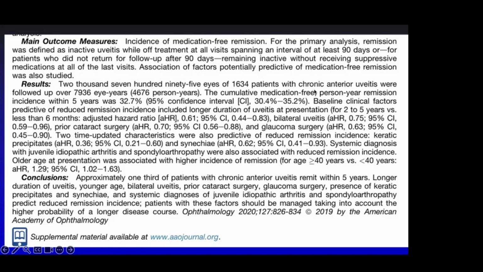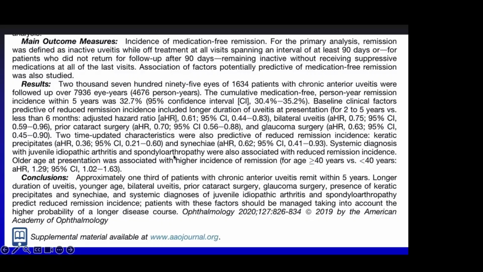And predictive factors, they were all kind of risk factors pretty much, were having bilateral uveitis, having a longer duration of uveitis, having prior cataract surgery and glaucoma surgery, which might be severity factors, and in time-updated analyses, having keratic precipitates and synechia, so that, again, it might be severity factors, were predictive of not going into remission. Systemic diagnosis with JIA and spondyloarthropathy also were associated with reduced remission incidence over time.